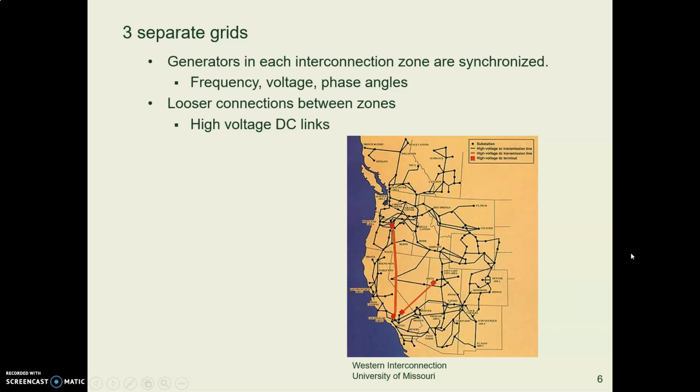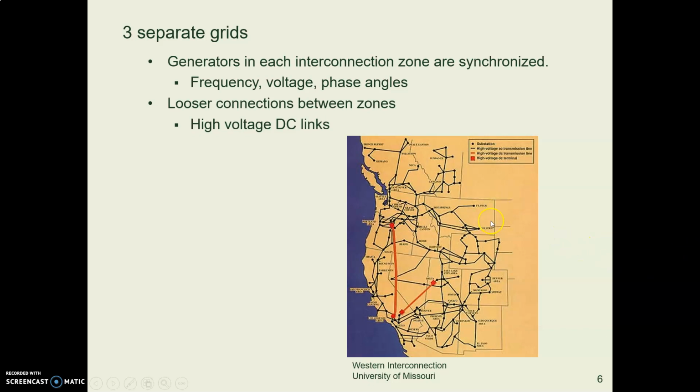And within each interconnection, for example, we are in the Western section, all our generators are synchronized. So it's easy to send power over these lines and have the load balanced, and whoever needs power can just get it without those waves being out of whack.